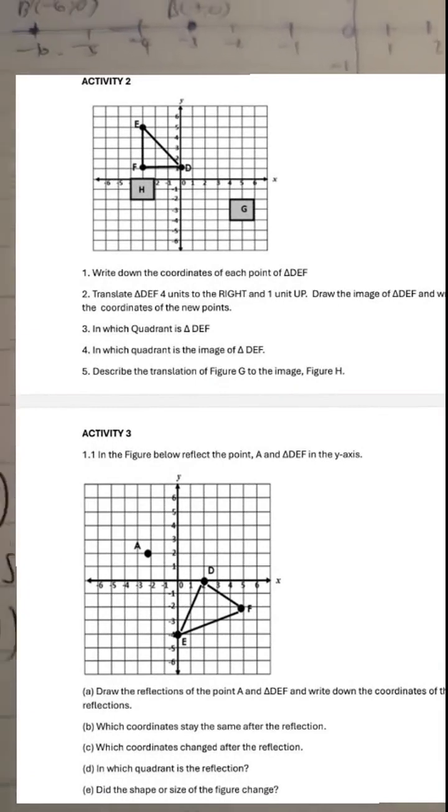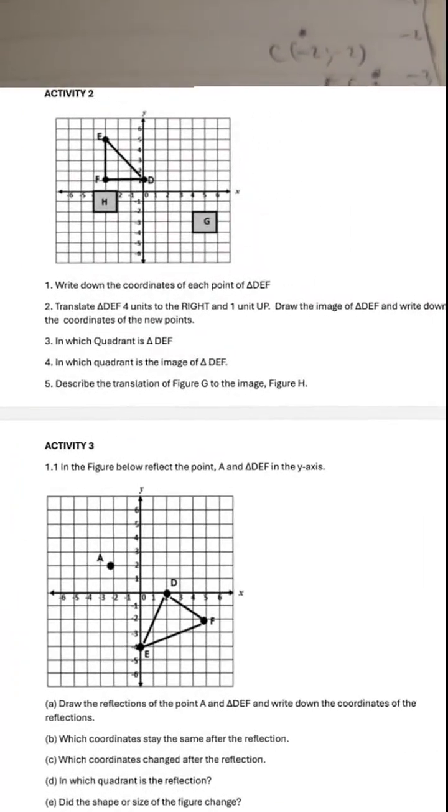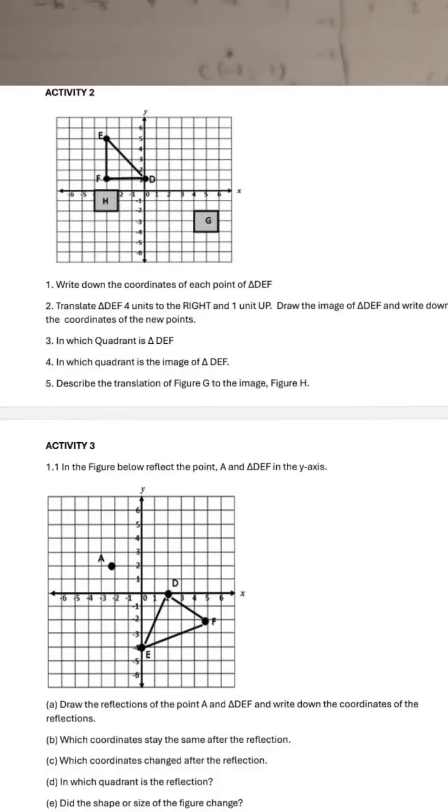Let's go to the next question. In which quadrant is triangle DEF? Take note, they are asking you about the triangle that you have on the sketch.